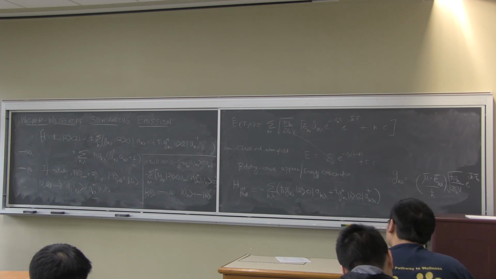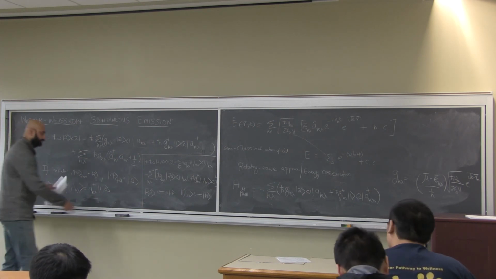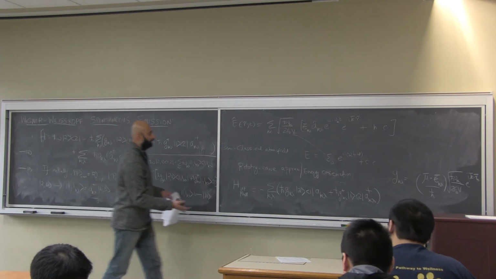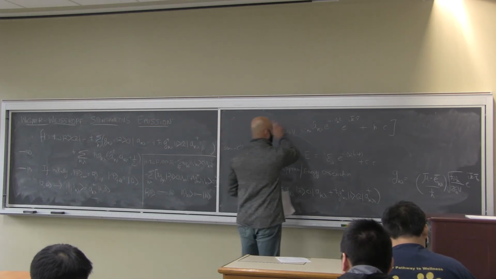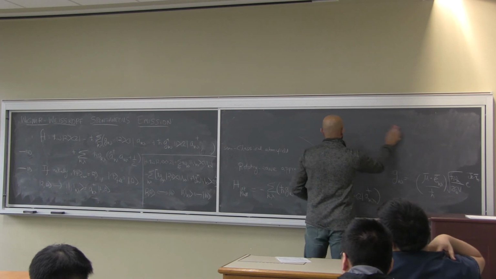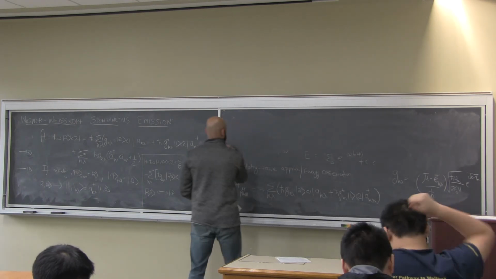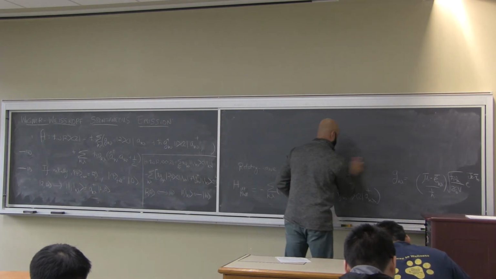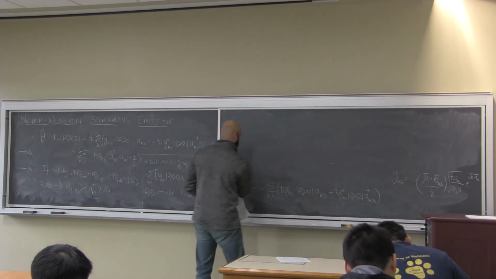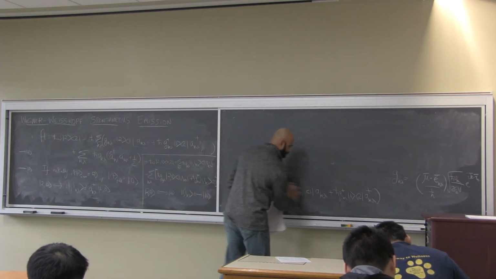Okay? Or if you like, you can simply write down the wave function and solve it in this truncated Hilbert space. So with that simplification of the notation, I'll just write down the equations and we'll stop.